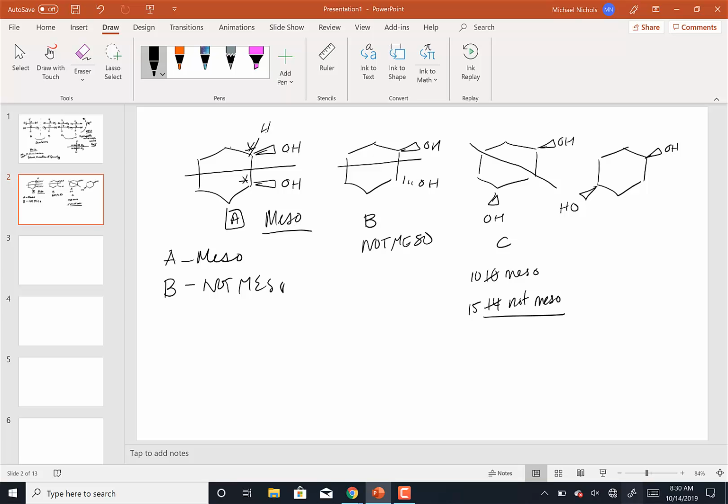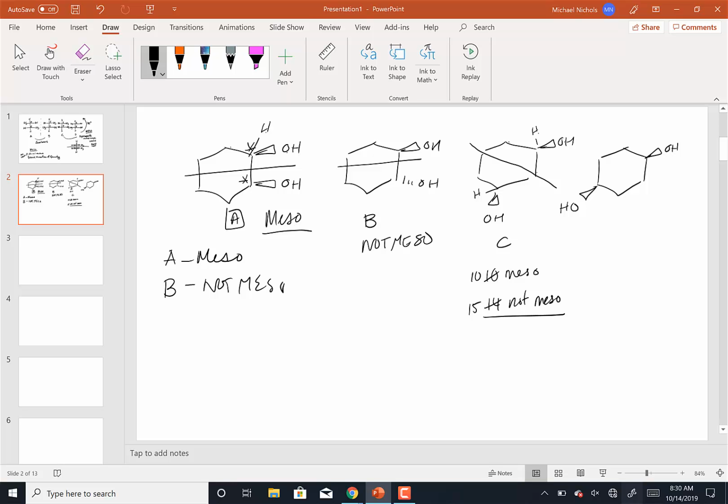Okay. So is that a mirror plane? Are we all in agreement that that's a mirror plane? Are we all in agreement that there are two chiral carbons in this molecule? Does anybody disagree with that? So I've got an H, an OH, a CH2, a CH2, but we need to continue on.